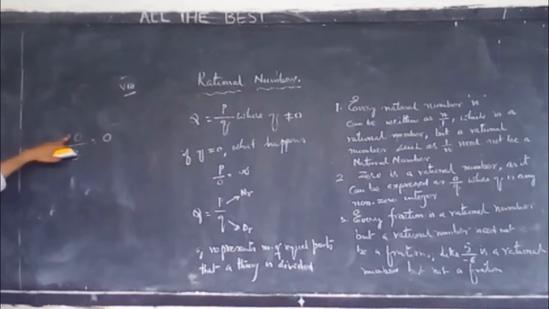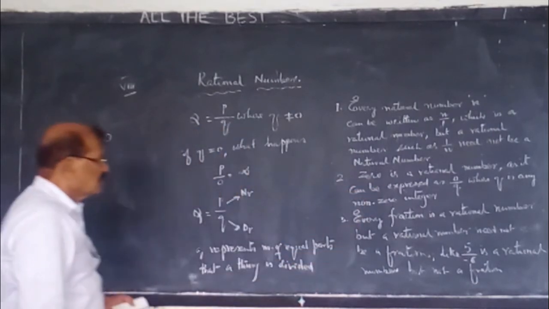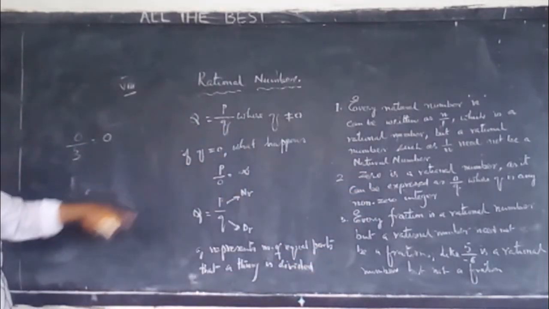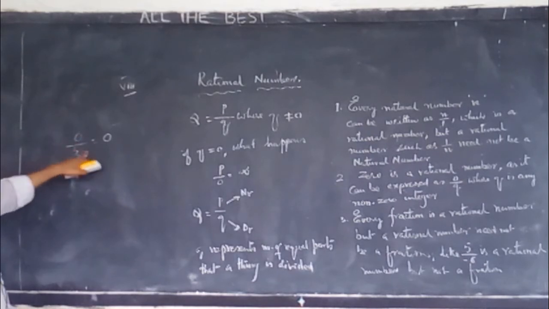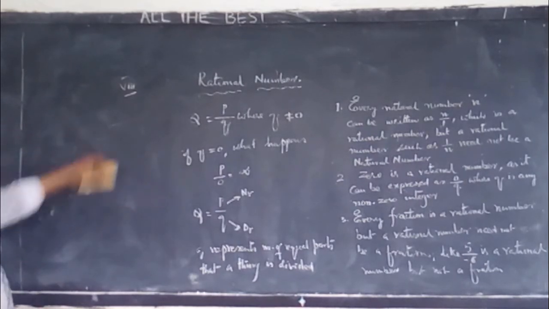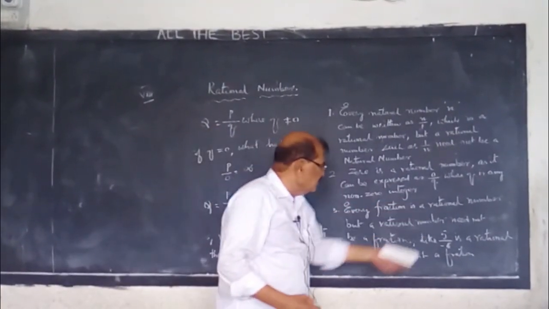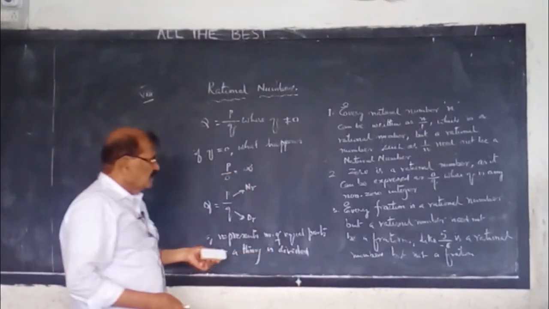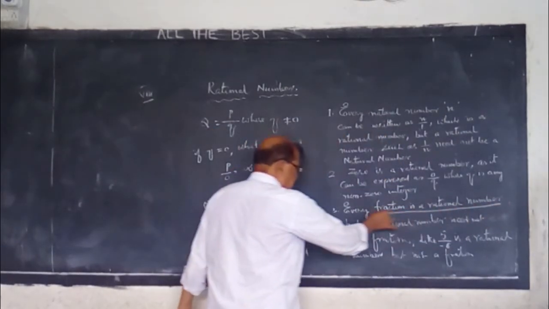So 0 can be expressed as a rational number in the form of 0 by q, where q is a non-zero integer. But p by 0 is not a rational number. Now every fraction is a rational number. It is the fundamental concept.